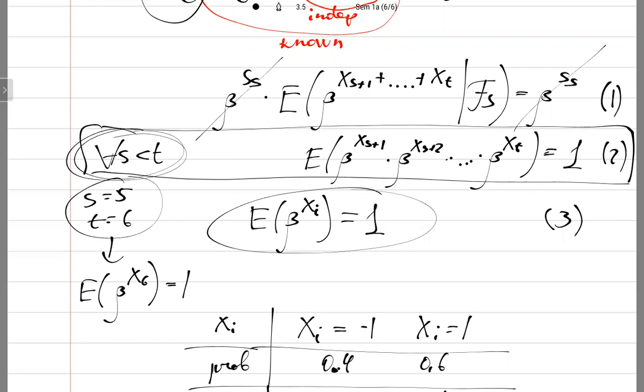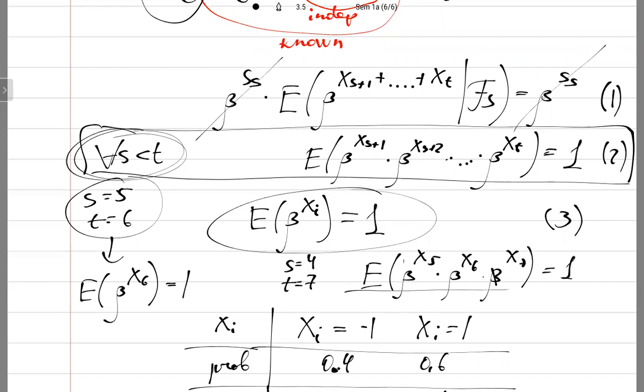Okay, well, what is the problem? If you take s equal to, let's say, 4 and t equal to 7, you will have beta to the power x5, beta to the power x6, beta to the power x7, and that should be equal to 1.